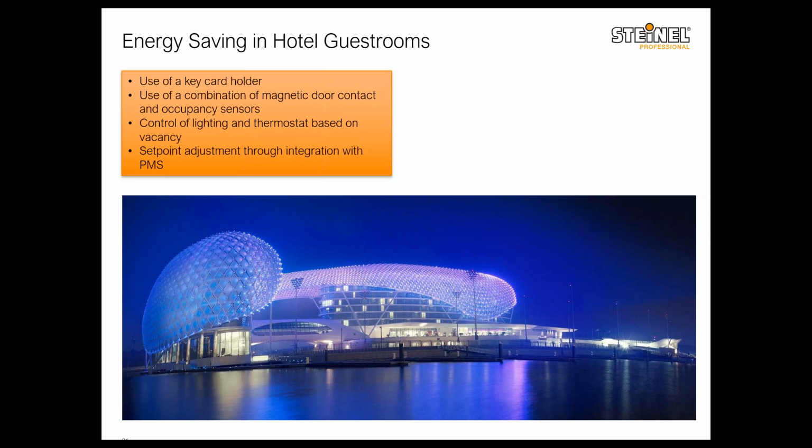So what the code requires for energy saving in hotel guest rooms is the use of a key card holder and the combination of a magnetic door contact and occupancy sensors. The logic can get quite complicated, but we all have to rise up to the challenge and prepare something that can meet the code requirements and save energy.